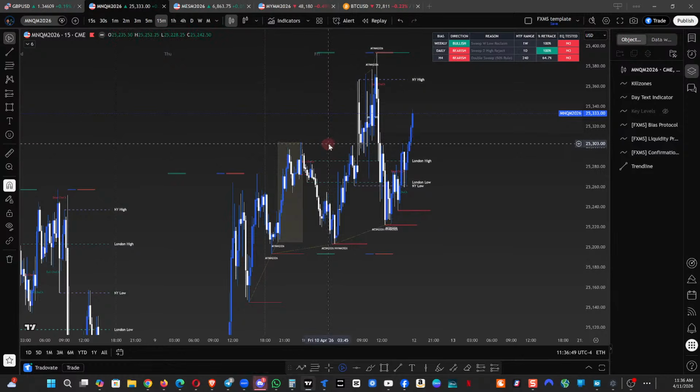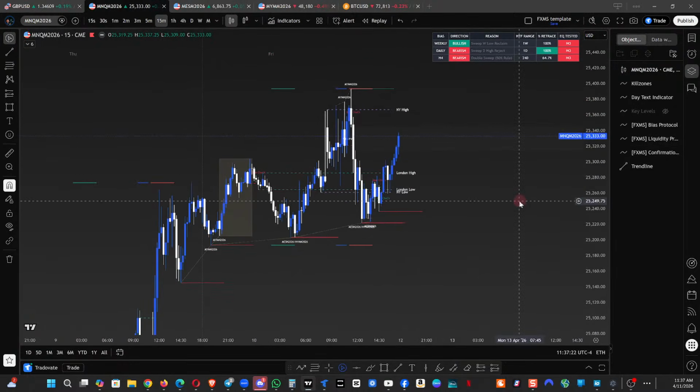Or whatever's just closest in proximity at that point, whatever range is formed prior to that opening price. That's why we use the most recent swing high, and not so much the London high, because the London high is over here, in this case, or Asia highs. But you can see that prior to New York open, we've already swept those levels and created new ranges. So we want to look for those sweeps.